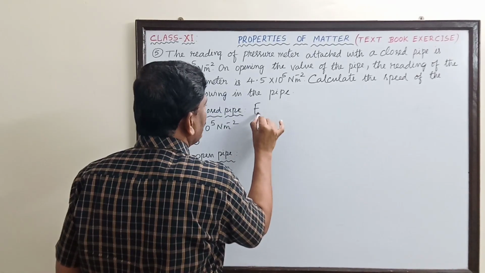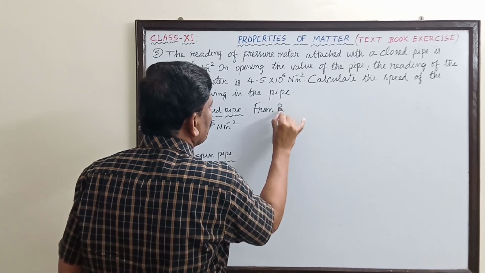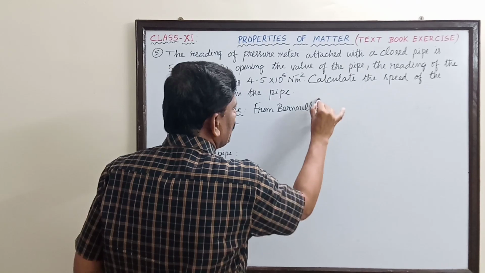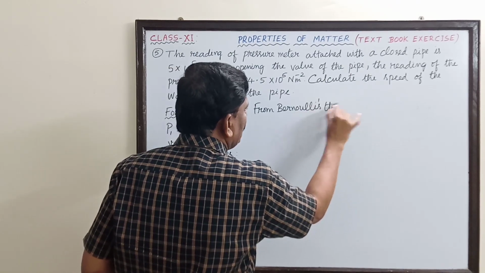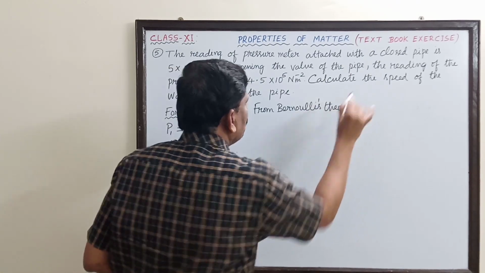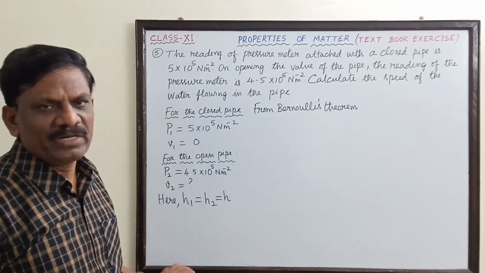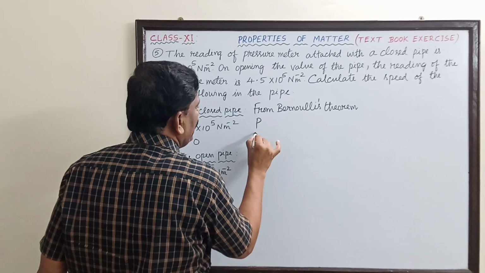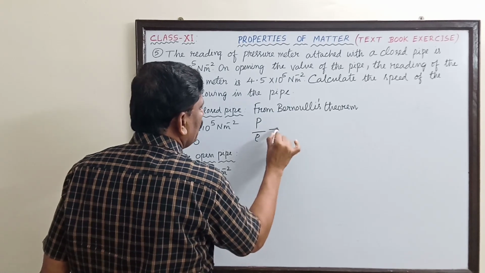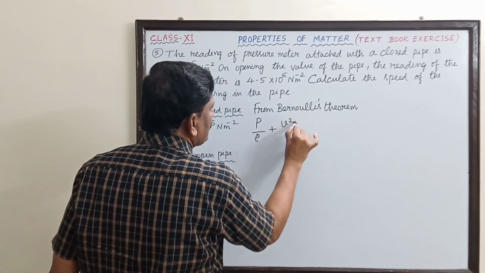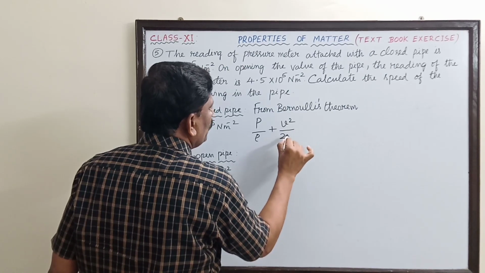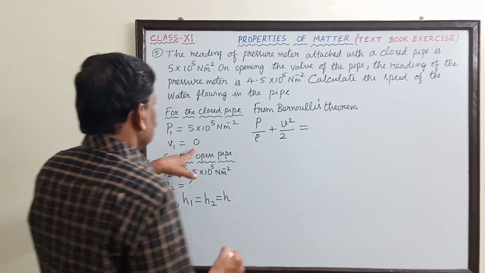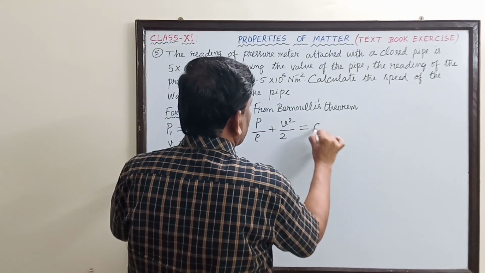So from Bernoulli's theorem, so we have studied Bernoulli's principle. From Bernoulli's theorem, the total energy per unit mass remains constant, is it not? So P by rho plus V square by 2 is equal to constant.